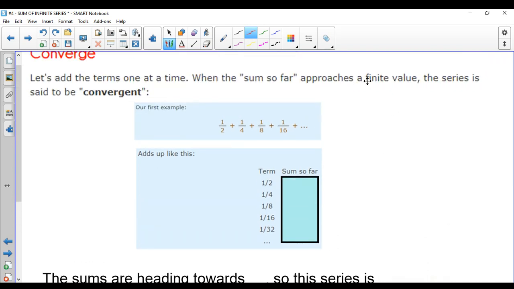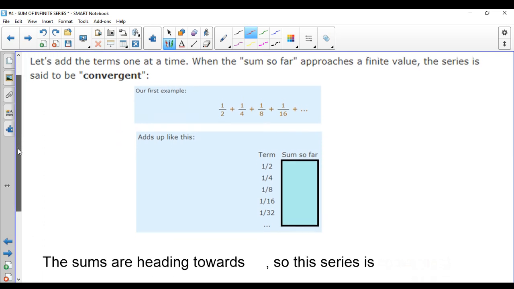And if it actually approaches a finite value, we say that the series is convergent. Remember, just like a word in any other context, when you converge on something, it means to come together. So convergent for a series means it comes to a specific value, a finite value.